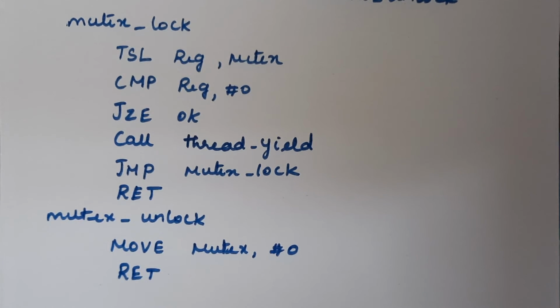We can compare this mutex lock with the previous things we discussed, like the Peterson solution and also the semaphore. In those, we have some common data. We just mentioned that, whether it is in user space or kernel space, there is some common data that can be accessed by either of the two processes.